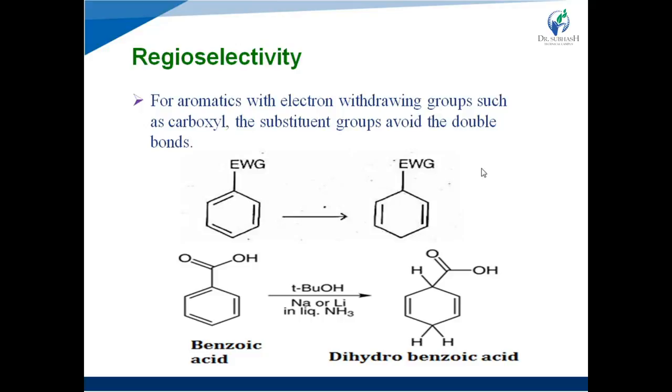Now second, for aromatics with electron withdrawing groups such as the carboxylic group, the substituent groups avoid the double bond, right? See in the first reaction, an aromatic ring with EWG, that is electron withdrawing group, undergoes Birch reduction and forms a product in which the carbon bearing the electron withdrawing group undergoes the reduction reaction.